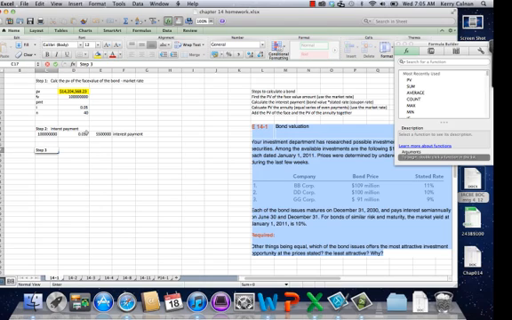Step 3, we're going to calculate the present value of the annuity that we just went and found. So this is the interest payment. That is an annuity. We pay our bondholders every 6 months $550,000. So we'll set it up again.